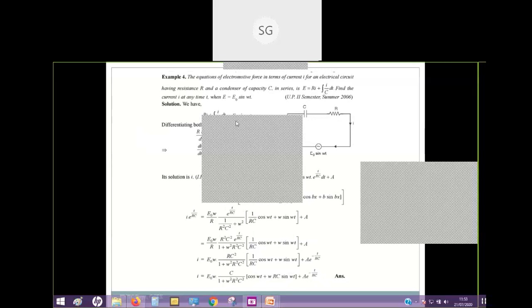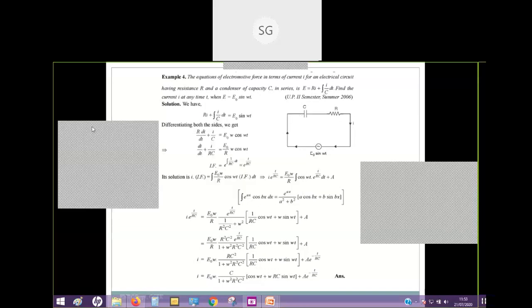Since I am solving the example on paper, that's why I have put this. If you want, I will remove it. Now this is the example. The equation of EMF in terms of current I for an electrical circuit having resistance R and condenser of capacity C in series, obviously the RC series combination, is E is equal to Ri plus integration of I by C dt.